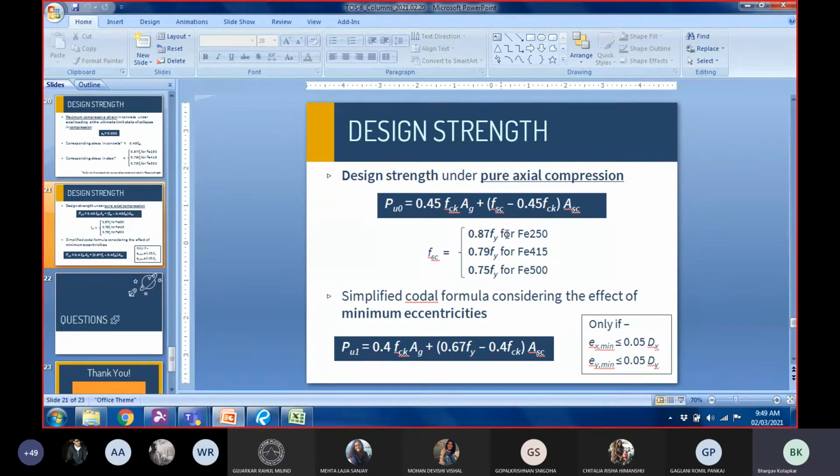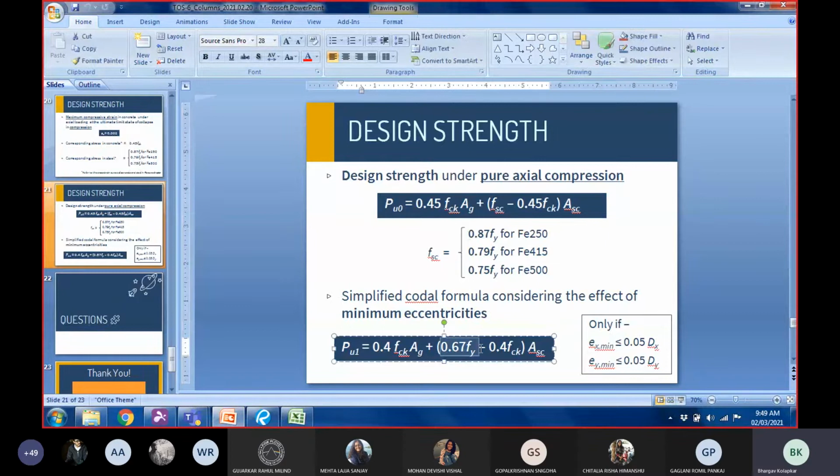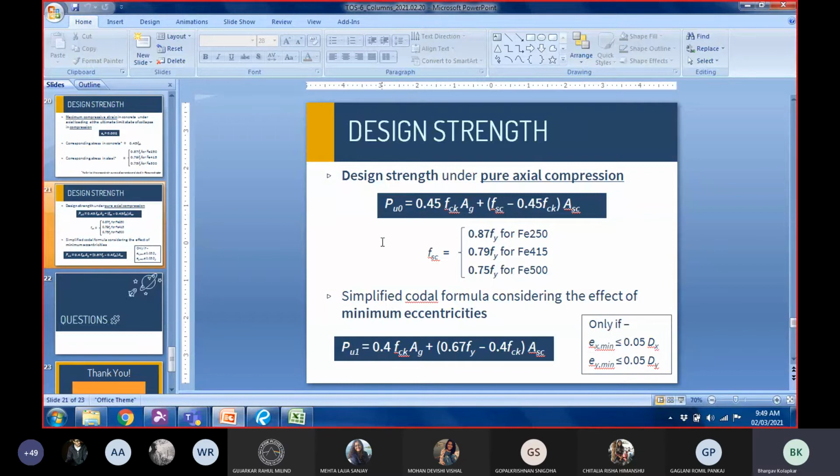We do not have to remember three different equations or three different numbers. There is just one number that we have to remember, and this 0.4 comes by reducing by 10%. The final equation is 0.4 FCK Ag plus 0.67 FY minus 0.4 FCK into ASC. Simple. This is the only equation that we are going to use in the design of columns.